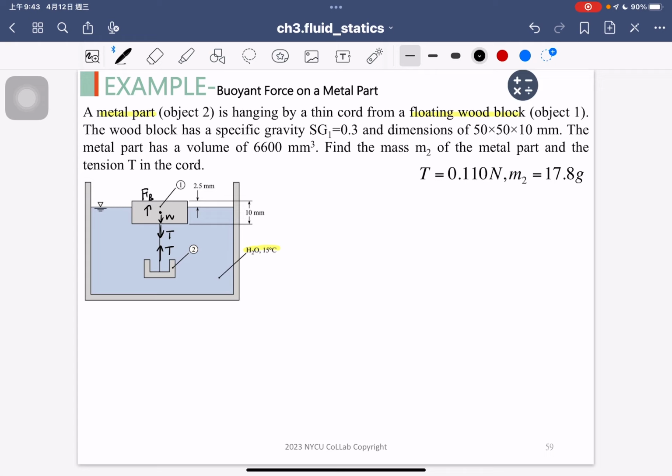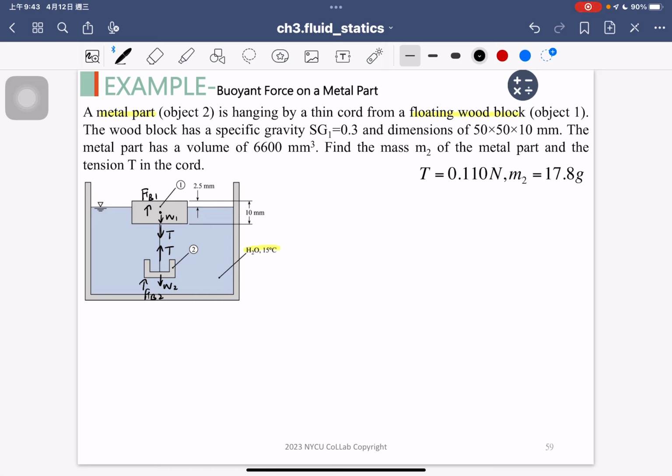Object 2 also has a downward weight and an upward buoyant force. Because we have two objects, I use W1 and FB1 here, and W2 and FB2 there.